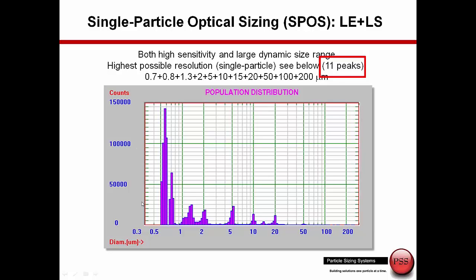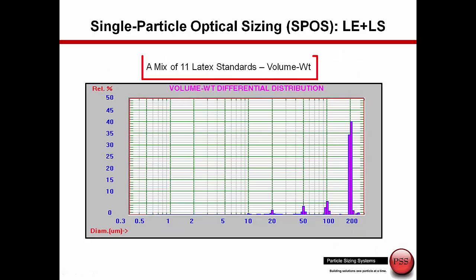Here it's on a counts basis, the number of particles counted at each of these size ranges, and it isn't so easy to see the larger sizes here. But in the next slide, when we convert this from a number distribution to a volume distribution, then it's easier to see the contribution from the larger sizes. So, just pointing out the very broad dynamic range and high resolution capability of the AccuSizer APS or any of the AccuSizer series of instruments.